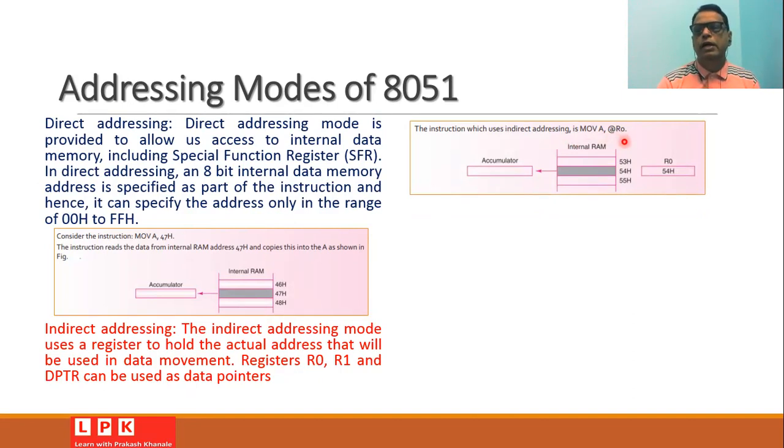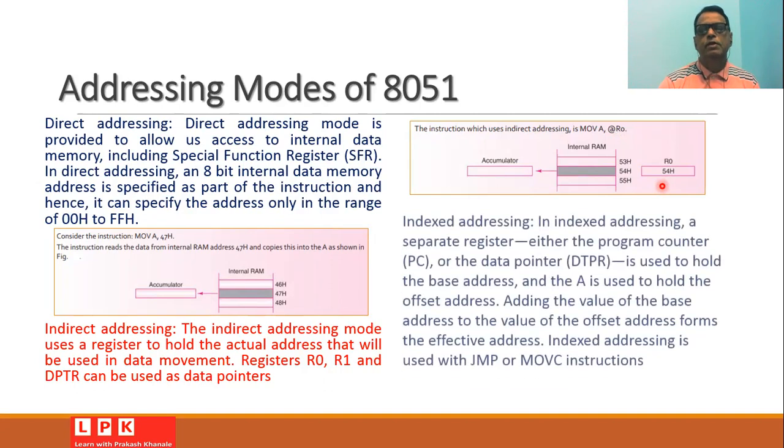So whatever is the content of R0, for example, if the content of R0 is 54, then we look into the RAM address 54, and the content of that memory will be moved into the accumulator. Here one can easily observe that the address of the location is held by a register such as R0, R1, or DPTR. Such addressing is called indirect addressing.